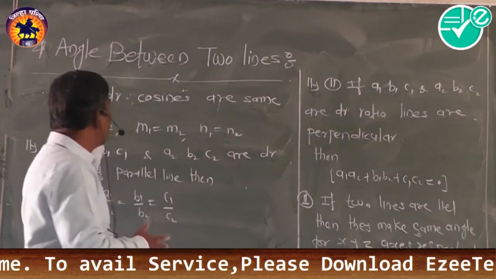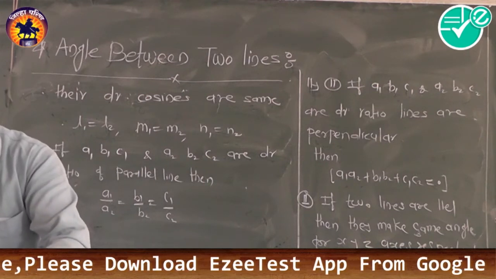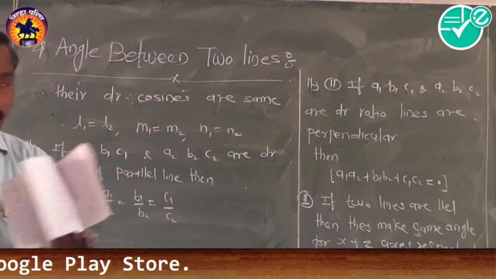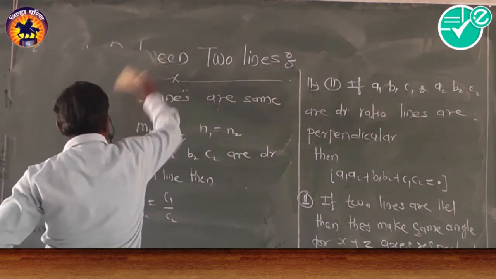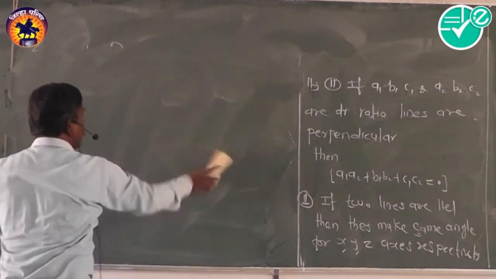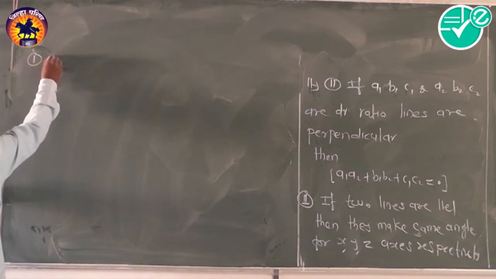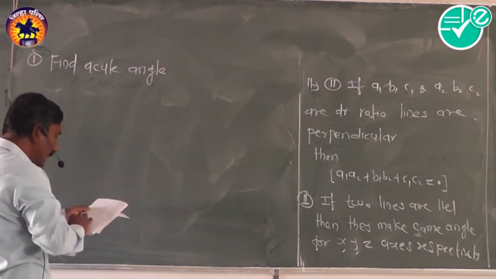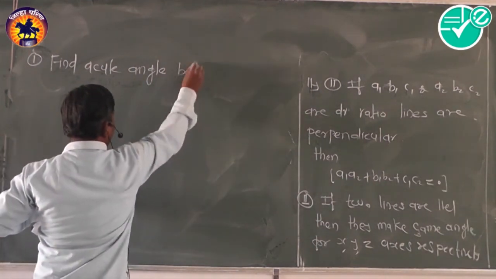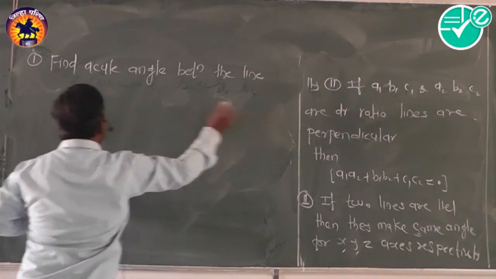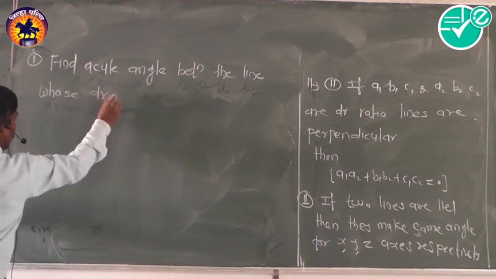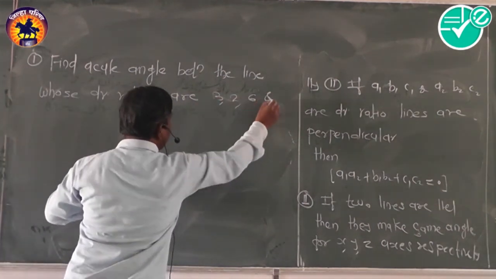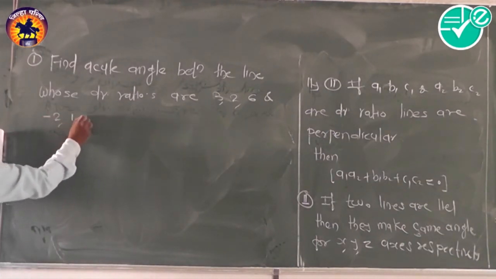Now we will see examples of all these cases. First example: find the acute angle between the lines whose direction ratios are 3, 2, 6 and -2, 1, 2.